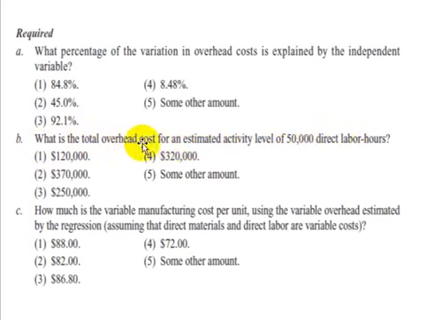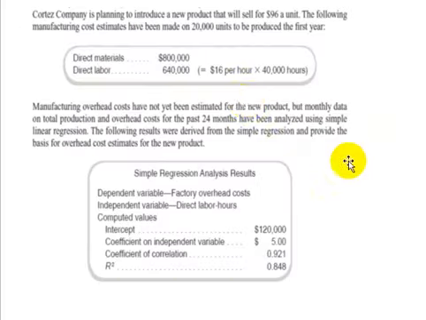What is the total overhead cost? We need to calculate the fixed plus the total variable at a level of 50,000 direct labor hours. We have the intercept and the coefficient on the independent variable.